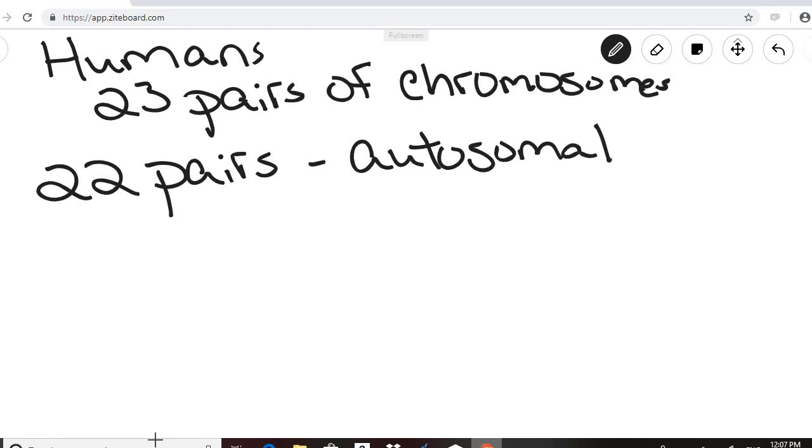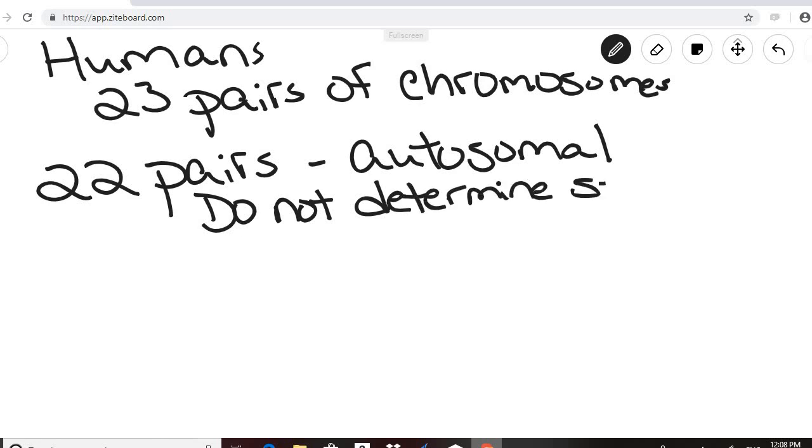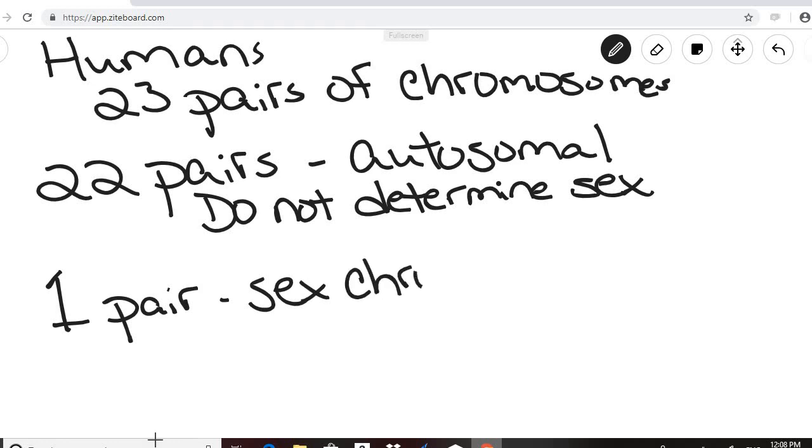That simply means that they do not determine the sex of an individual. So they can determine hundreds or thousands of other characteristics, but they do not determine the sex. And then one pair of those is a sex chromosome, and the sex chromosomes do determine the sex of an individual.